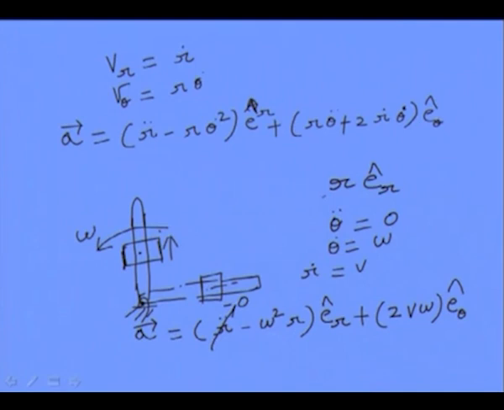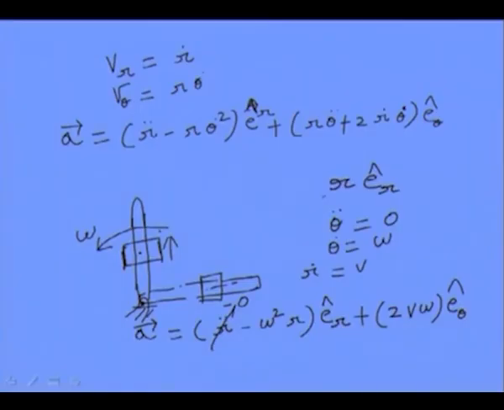That is, there will be one acceleration whose magnitude will be omega square R, and it will be directed towards the negative R direction, that means towards the center O. This component is known as the centripetal acceleration. Apart from the centripetal acceleration, you also get another component in the theta direction, that is 2V times omega. This component is called the Coriolis component.